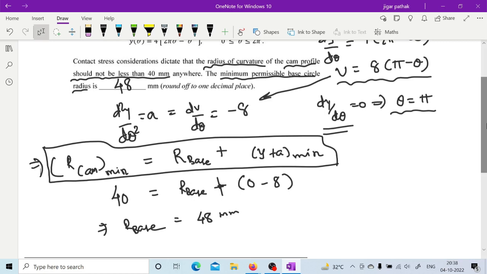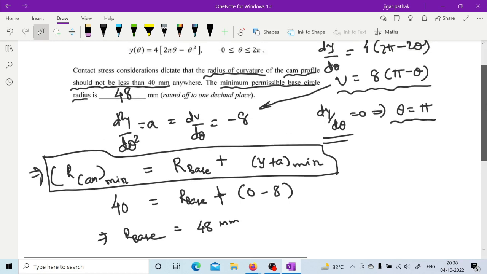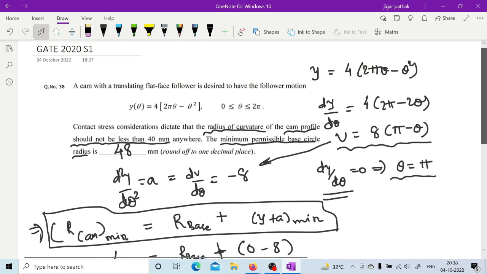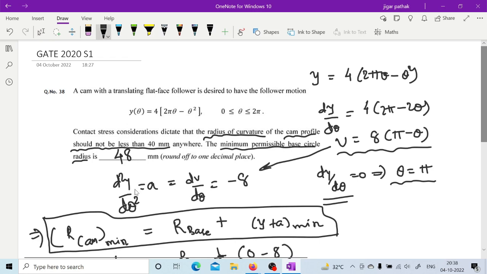Here, in the case of this cam profile radius and base circle radius, you need to calculate the minimum possible base circle radius. So you go for the minimum of both the cam profile and y plus a.